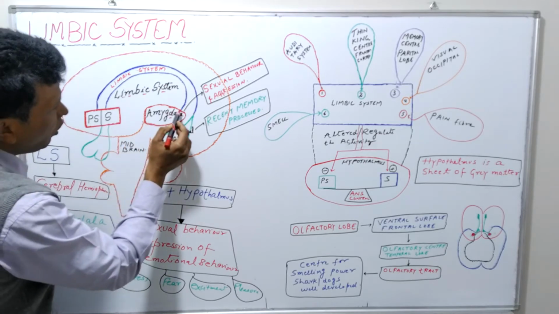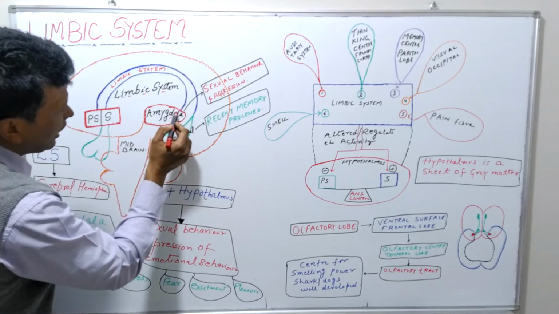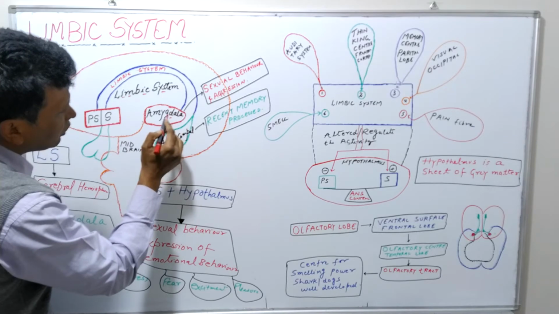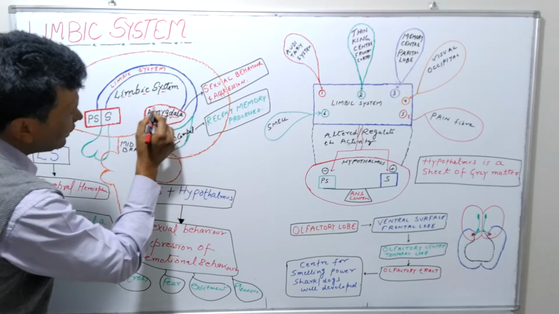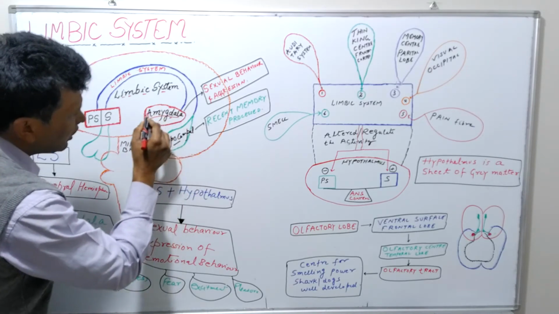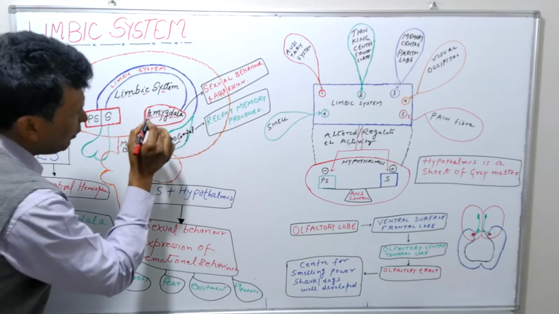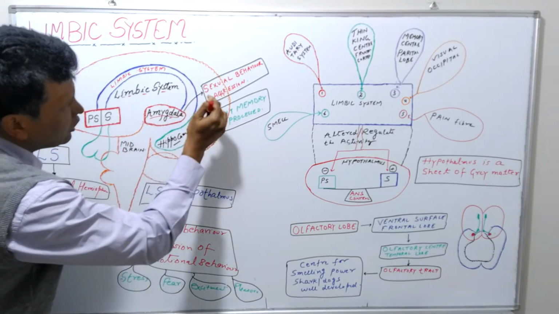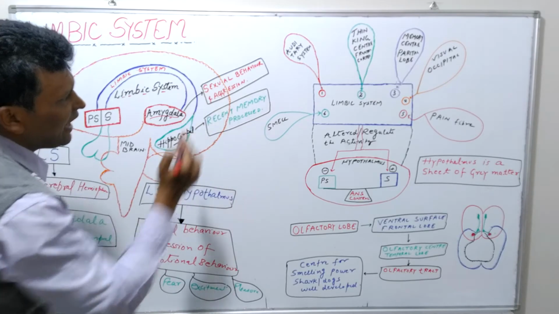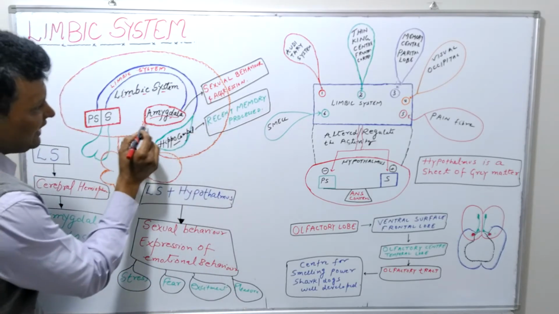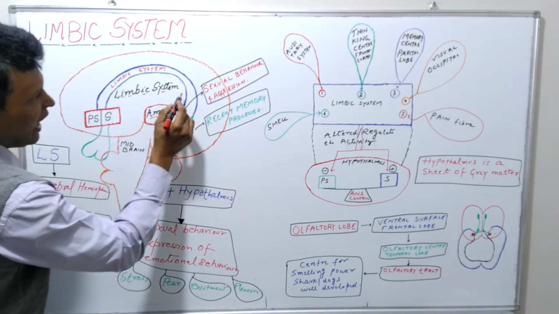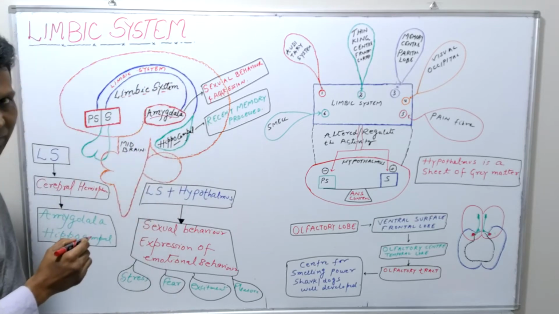This area, the amygdala, is dealing with your sexual behavior and aggression. And this amygdala is also attached to your limbic system.